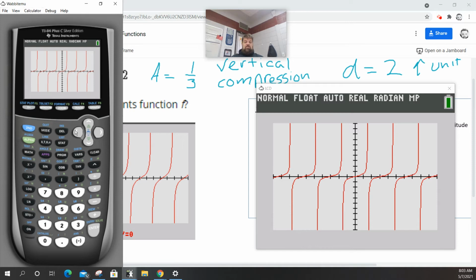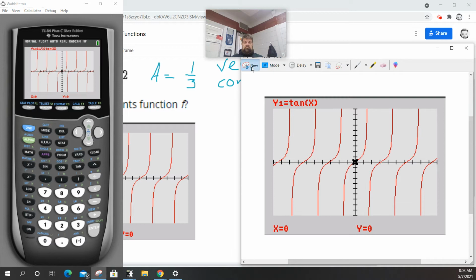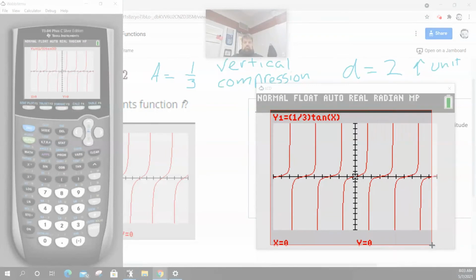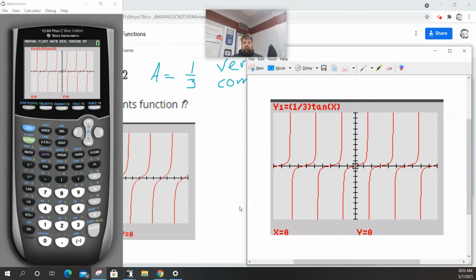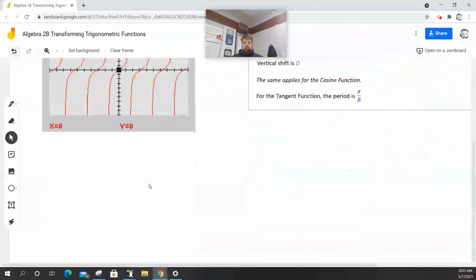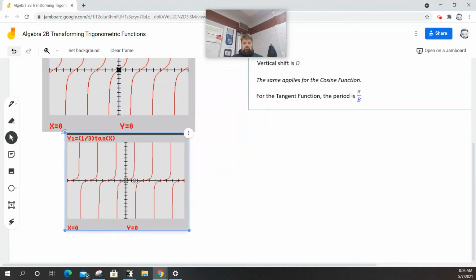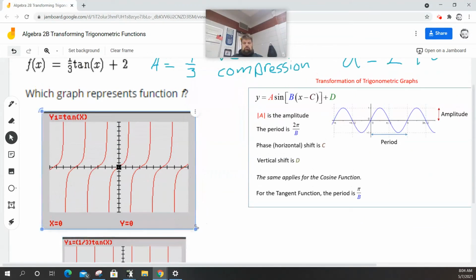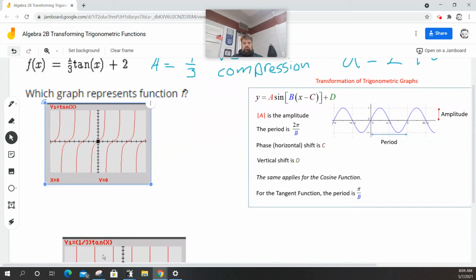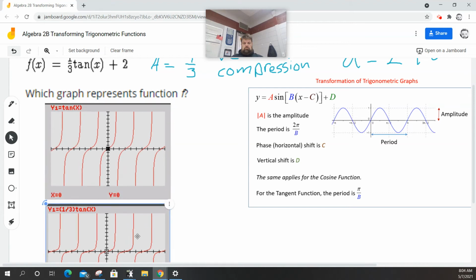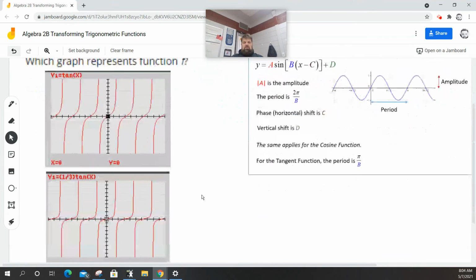Okay, so let's take a screenshot of that. And so as you can see, as we go from step 1 to step 2, it's just compressing it vertically.